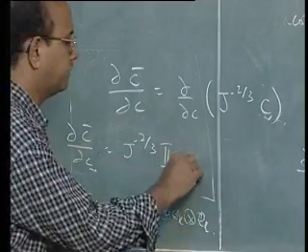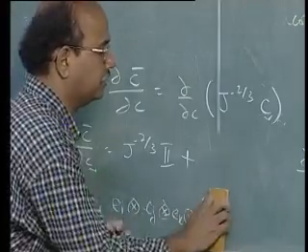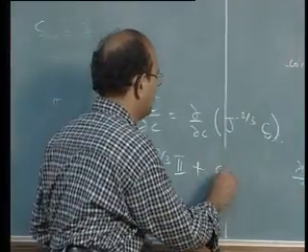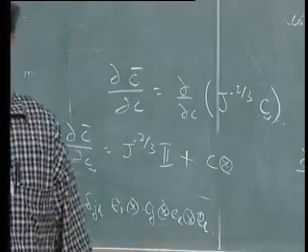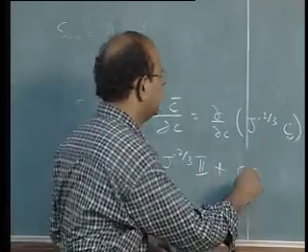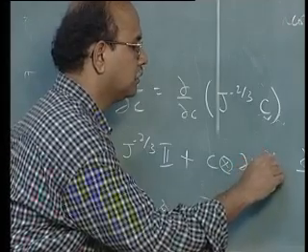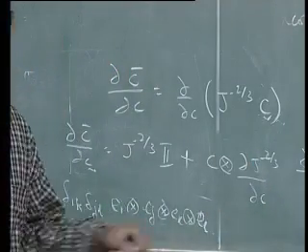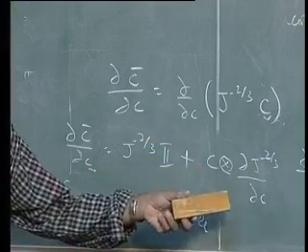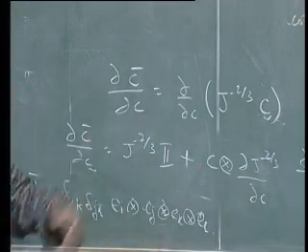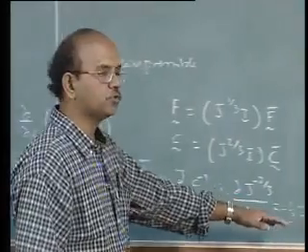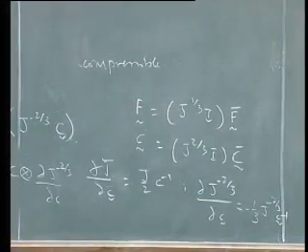So what is the second part? Refer to what I did and tell me. It is C dyadic dou J power minus 2 by 3 by dou C. Substitute dou J power minus 2 by 3 by dou C from what I had written down there, minus 1 by 3 J power minus 2 by 3 C inverse, into this expression.